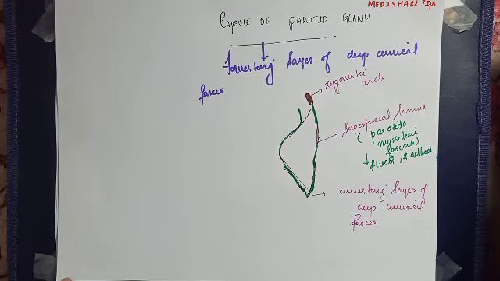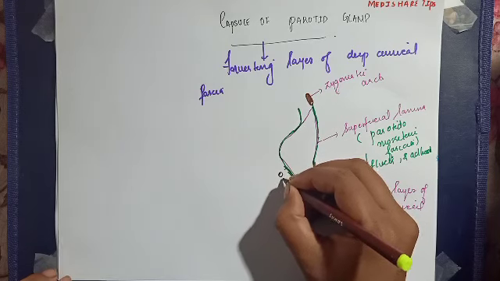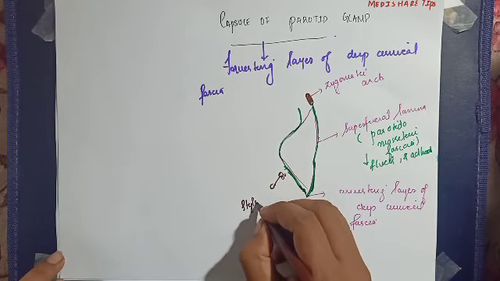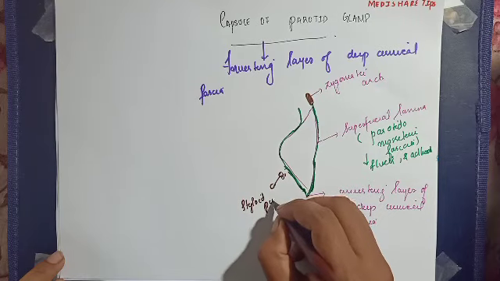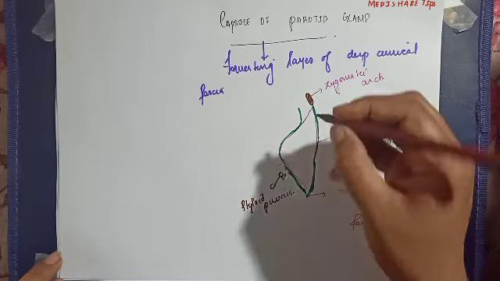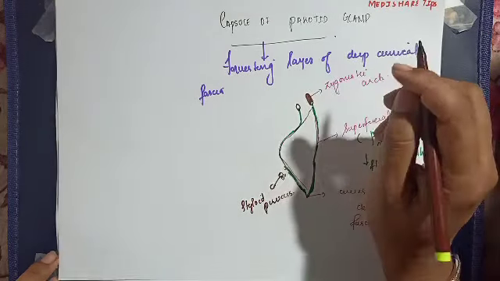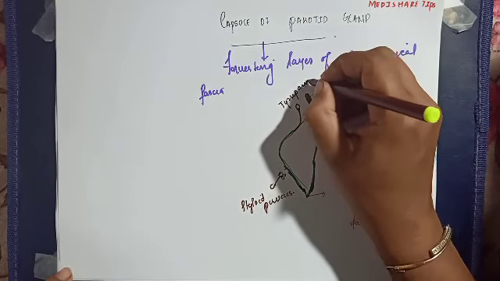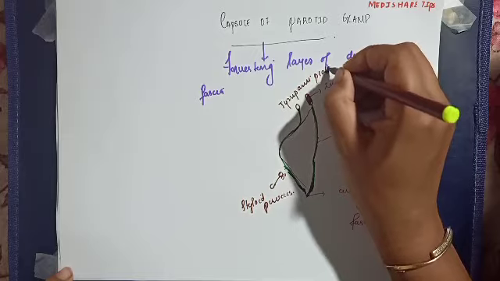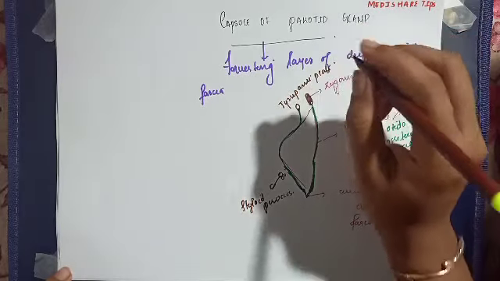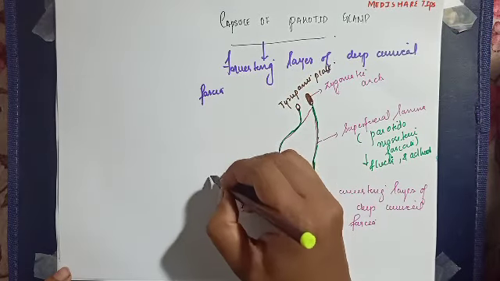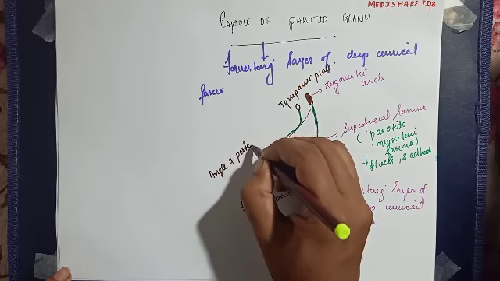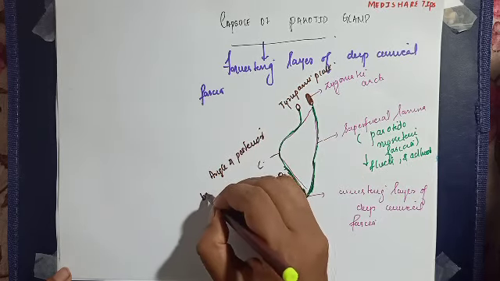It is attached to the styloid process. Here we are having the styloid process, and also to another structure here, the tympanic plate, and also to the angle and posterior border of ramus of mandible.